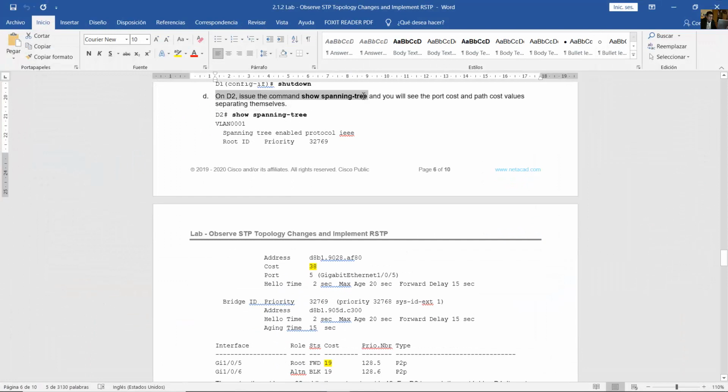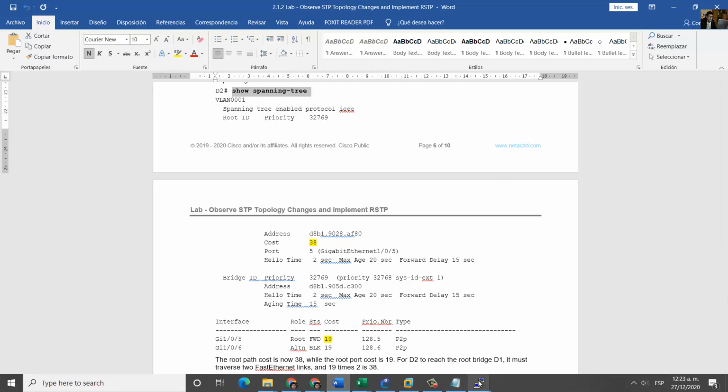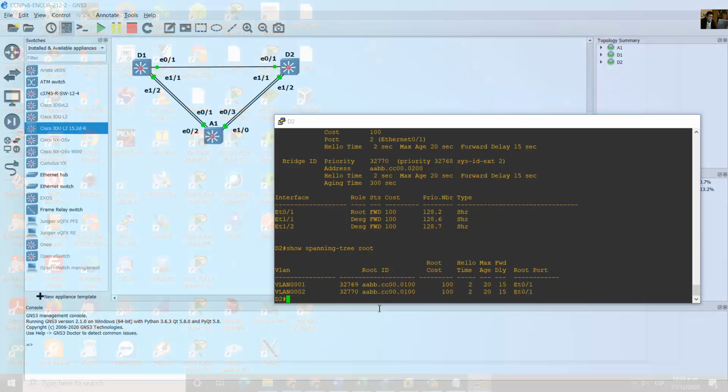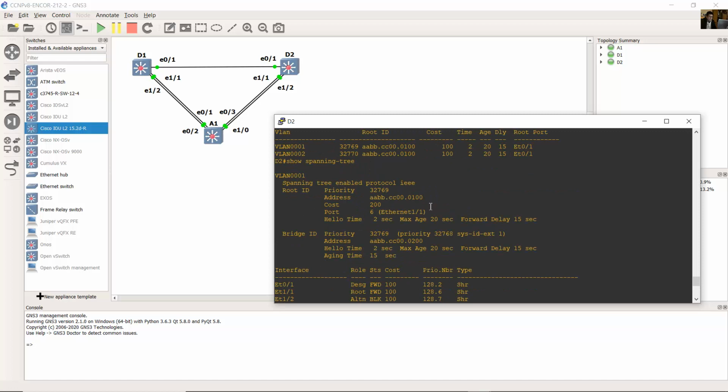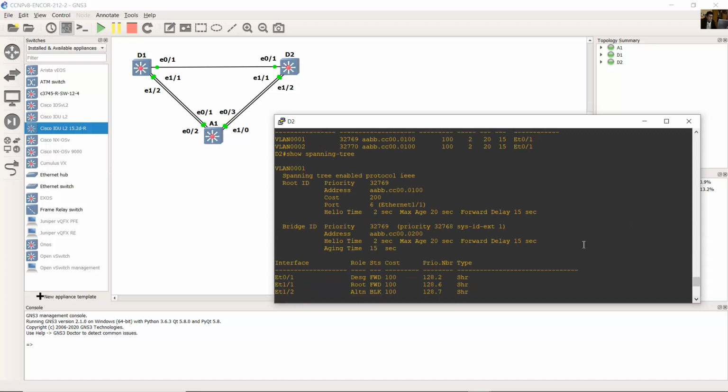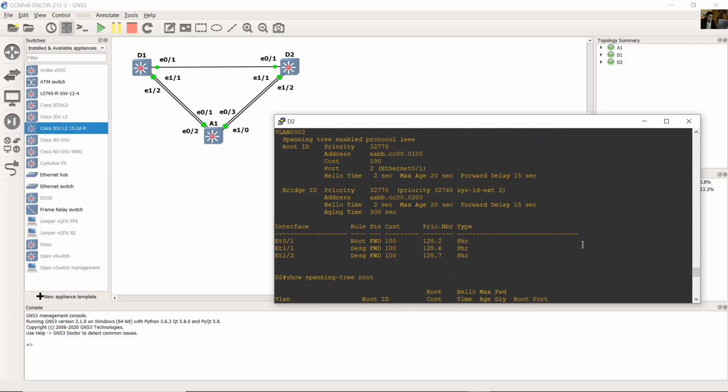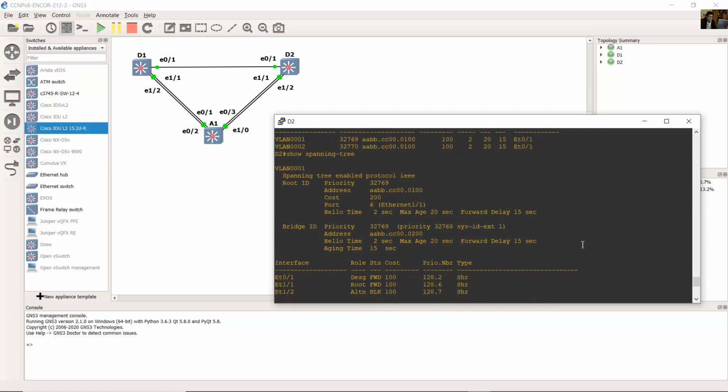On D2, issue the command show spanning tree, and you will see the port cost and path cost values separating themselves. Okay, on VLAN 1, look at this, the cost to reach the root bridge is 200.